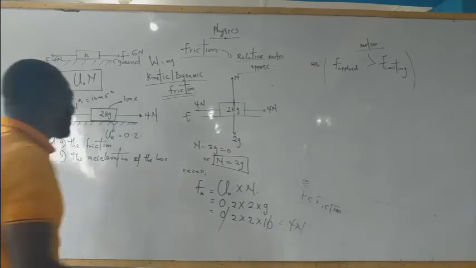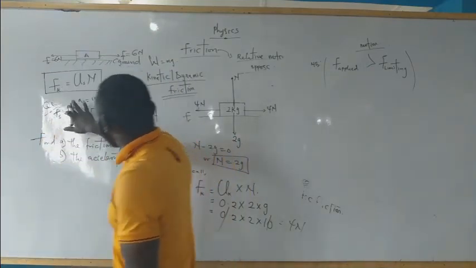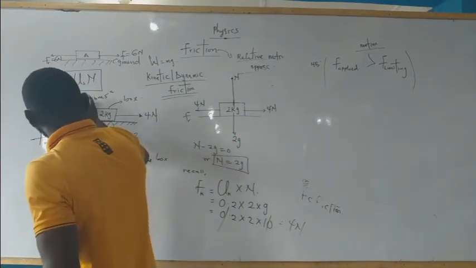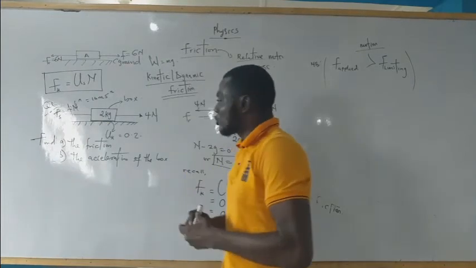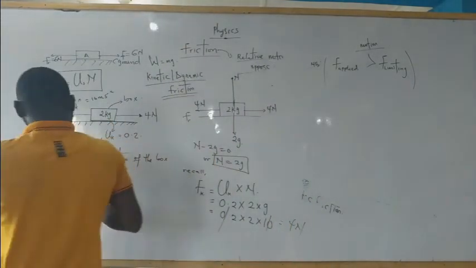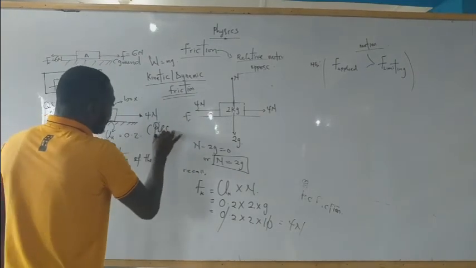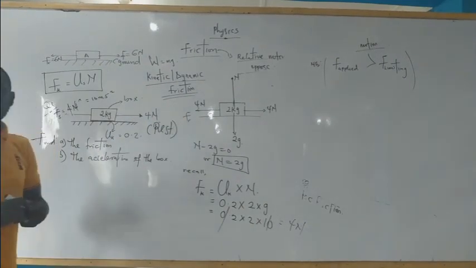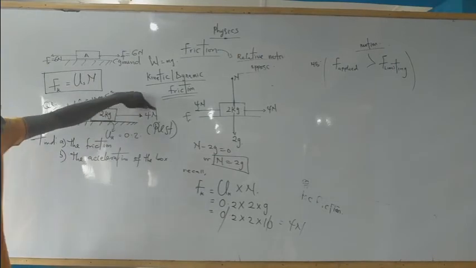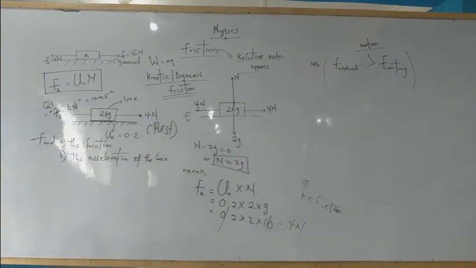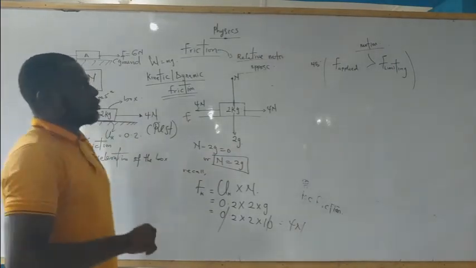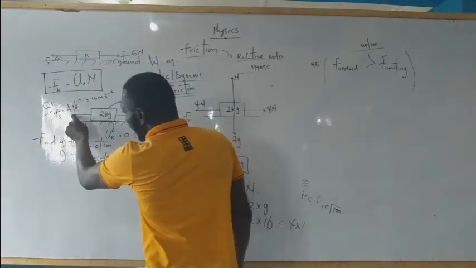But since it's not greater than, but equal to, that's 4 Newton. Equal to, this is static. Take note, this is static. Meaning that the box will be at rest, not moving, because the applied force is equal to the static force. So we can call this one kinetic force.